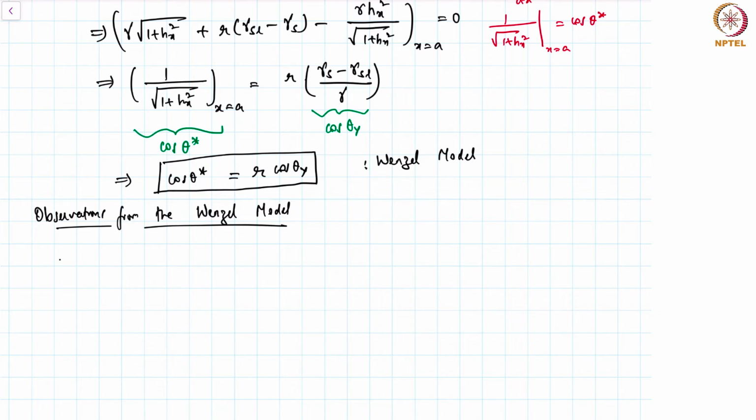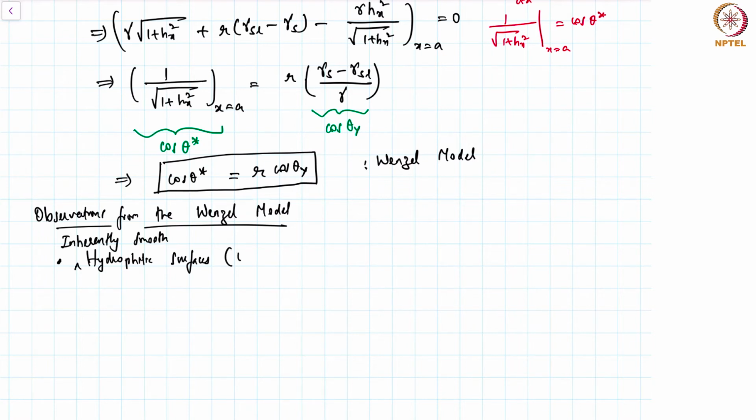The first observation is inherently smooth hydrophilic surfaces. These are, I should mention, inherently smooth.